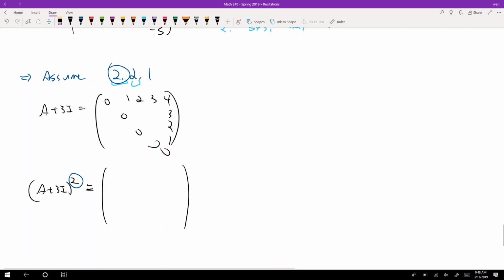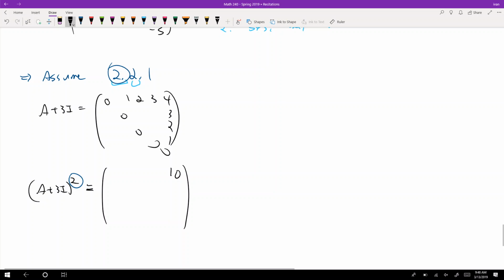Actually, it's just 10 in the upper right-hand corner. Okay, so if we assume a 2-2-1 split, the power associated with each block is 2, 2, and 1. All right, so the highest power I ever have to raise it to is the second power.